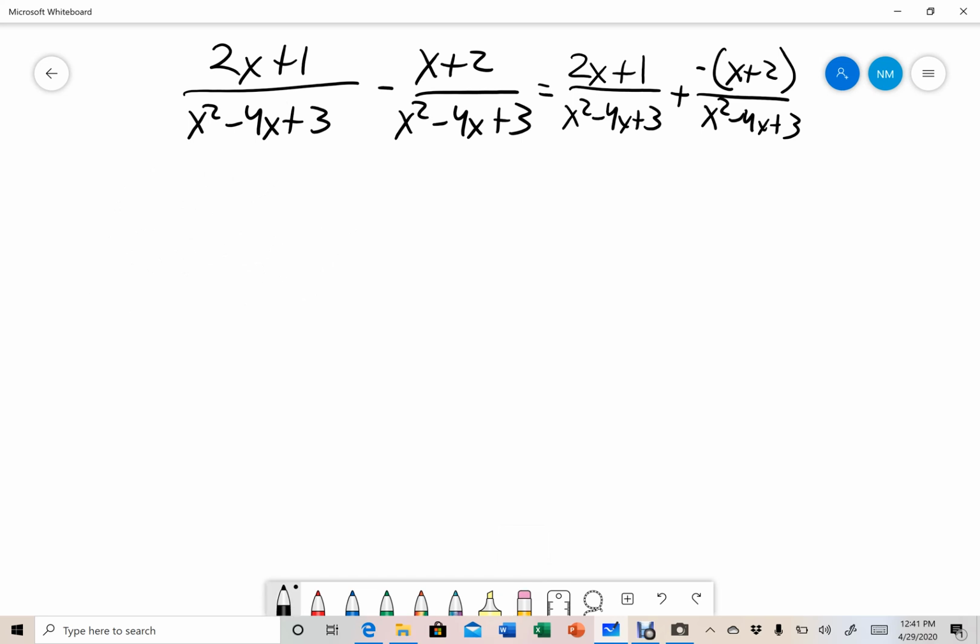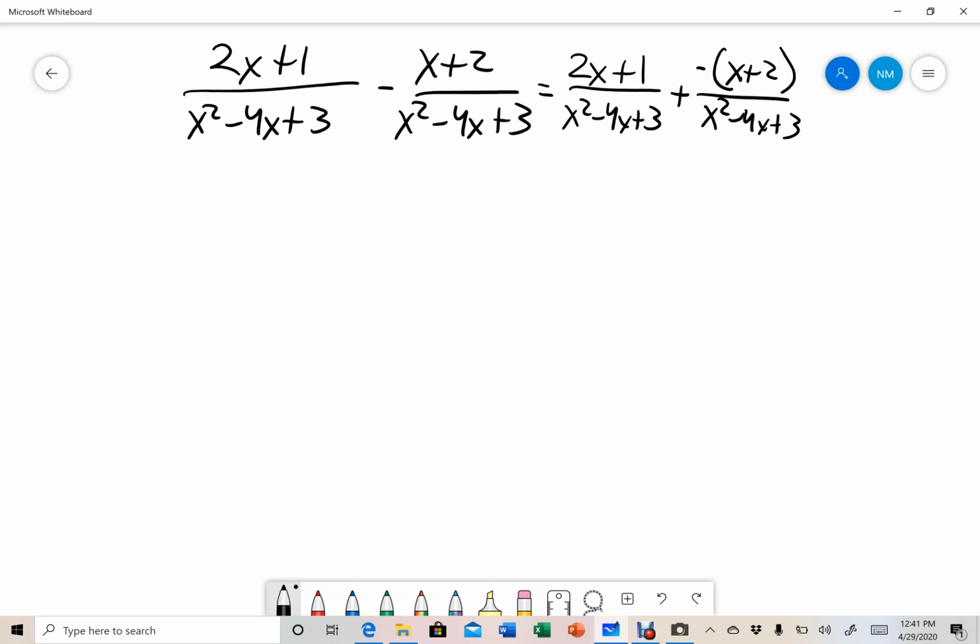If I'm going to combine these together, remember when we have a negative sign outside of a parenthesis, everything inside the parenthesis changes. So my positive x becomes a negative x, and my positive 2 becomes a negative 2.